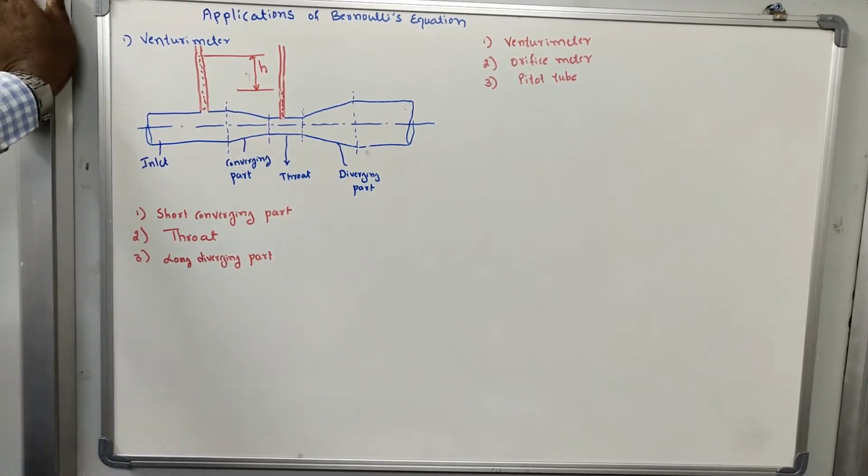I hope you have gone through those things, and also you have written your second test. Okay, so now in today's class, we will discuss the application of Bernoulli's equation.